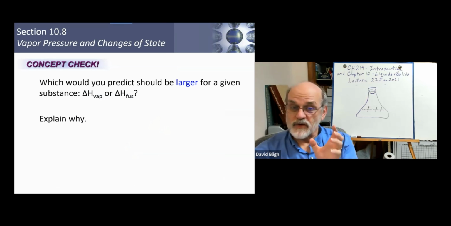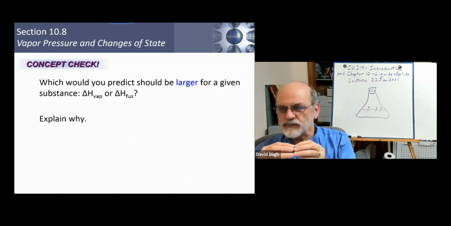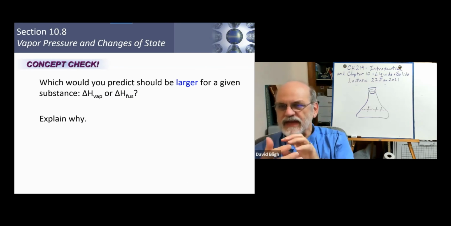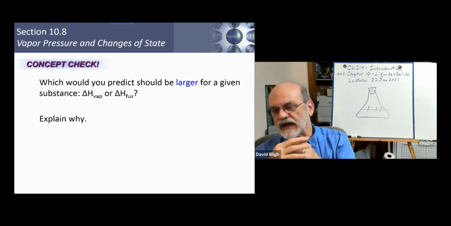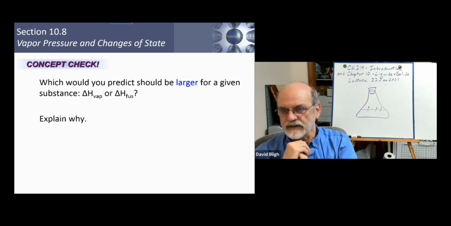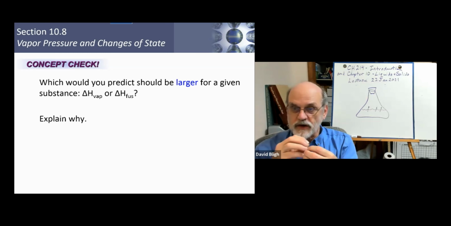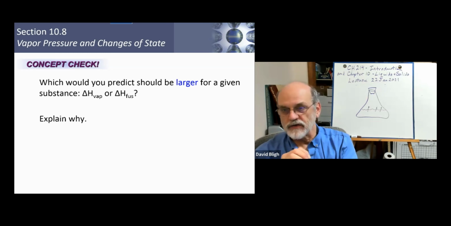So you know that if you add heat to a solid and make a liquid out of it, all you've done is broken down the crystal structure and the atoms or molecules are still close together. They're just moving around a little bit. So that doesn't take much energy. But heat of vaporization, you break the liquid molecules free from all other intermolecular actions in the liquid. That takes a lot of energy.